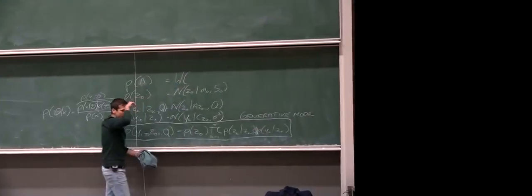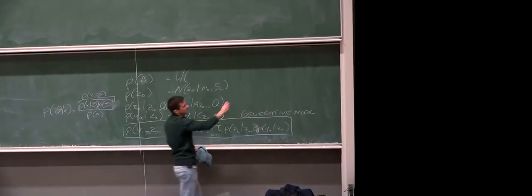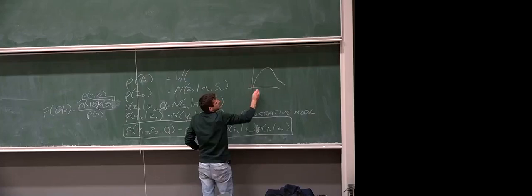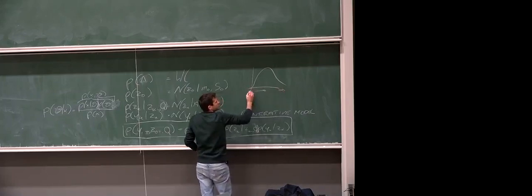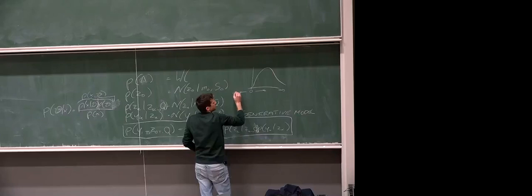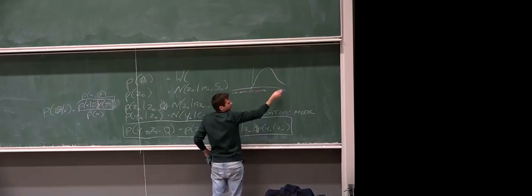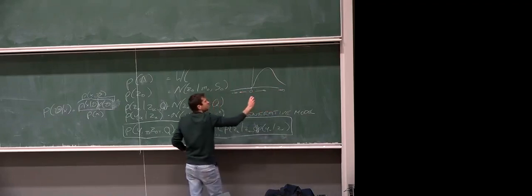Just as the gamma distribution is a probability distribution over positive values. So you have something here which goes to infinity, this is 0. So it has probability 0 over the negative part, but it has some positive probability over the positive domain.